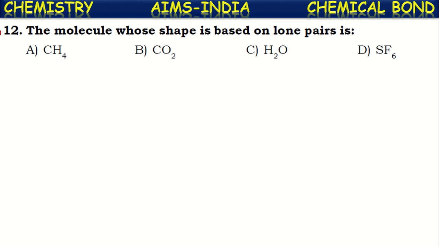See the first molecule, CH4. Is it having any lone pairs on the central atom? No. So its shape won't be dependent upon lone pairs of electrons. It depends only upon the number of bond pairs present on the central atom.